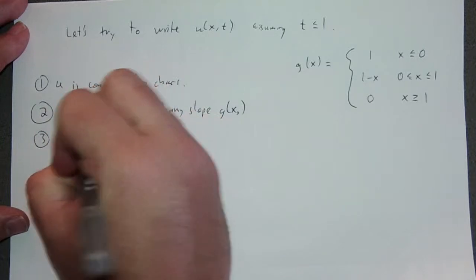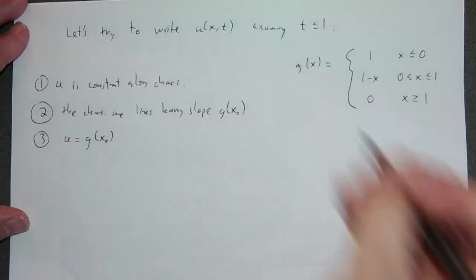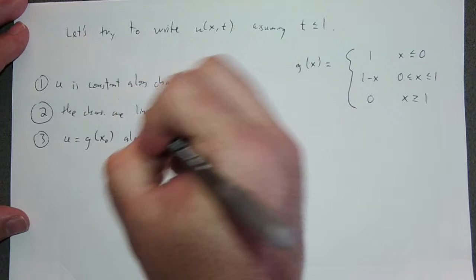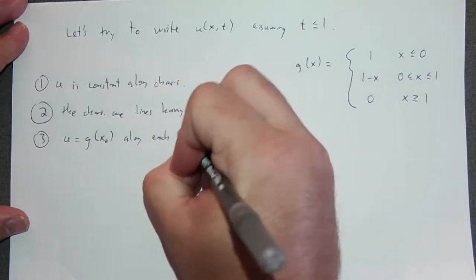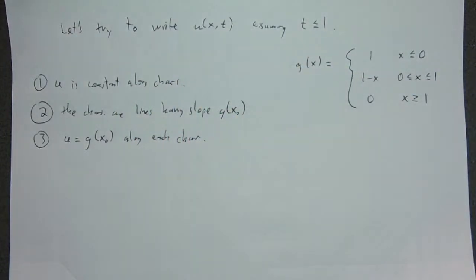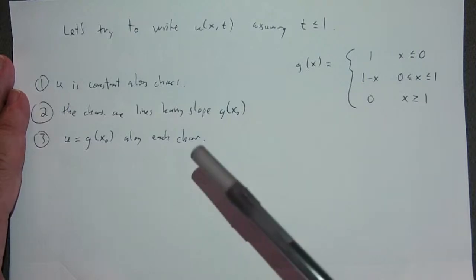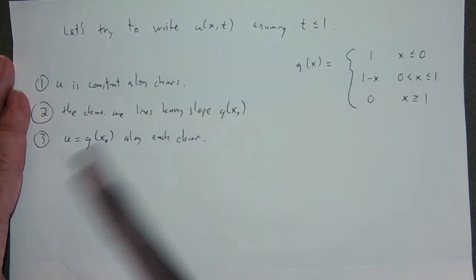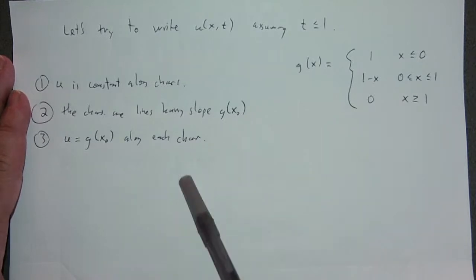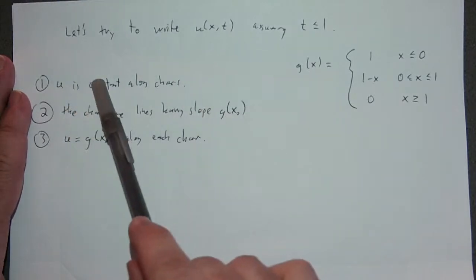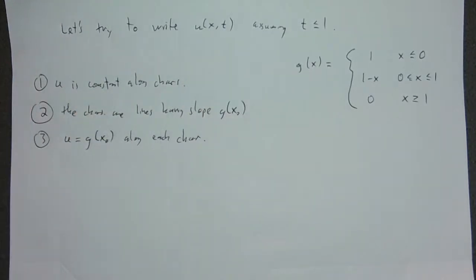So u is equal to g of x naught along each characteristic. x naught tells you what characteristic you're on. Once you know that, you have a point and you know the slope. G of x naught is the slope of that line, so you've completely determined the characteristic. U is constant along that characteristic, and u is equal to the value of that slope along the characteristic.